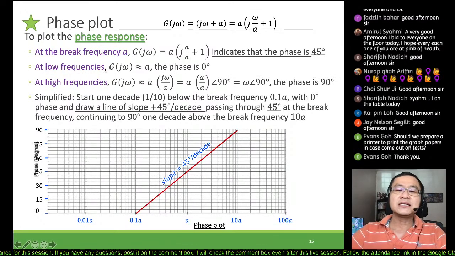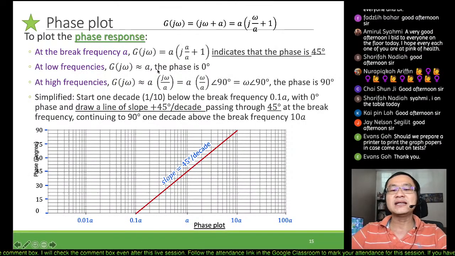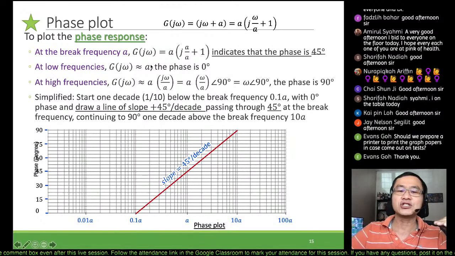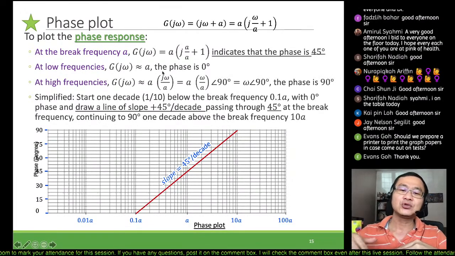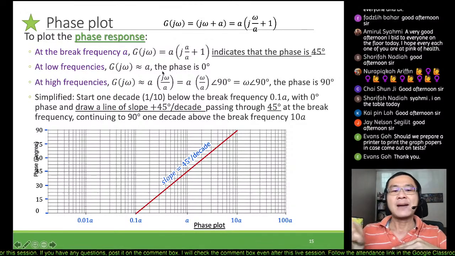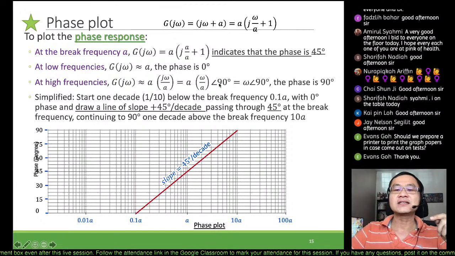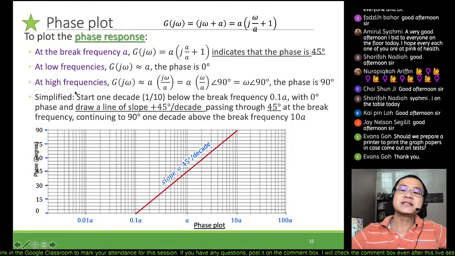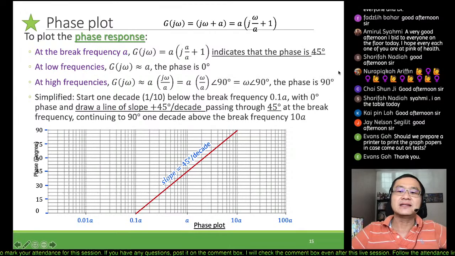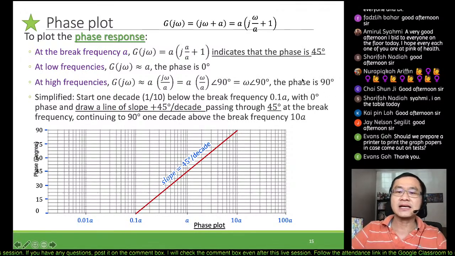Whereas for the low frequency, when it is purely the real axis value, which is the A value, the phase angle is equal to 0. At a higher frequency, the values are mainly on the imaginary side, which is the j value, or in phasor angle, 90 degrees. Therefore, at high frequency, the phase angle is 90. So it's very obvious.